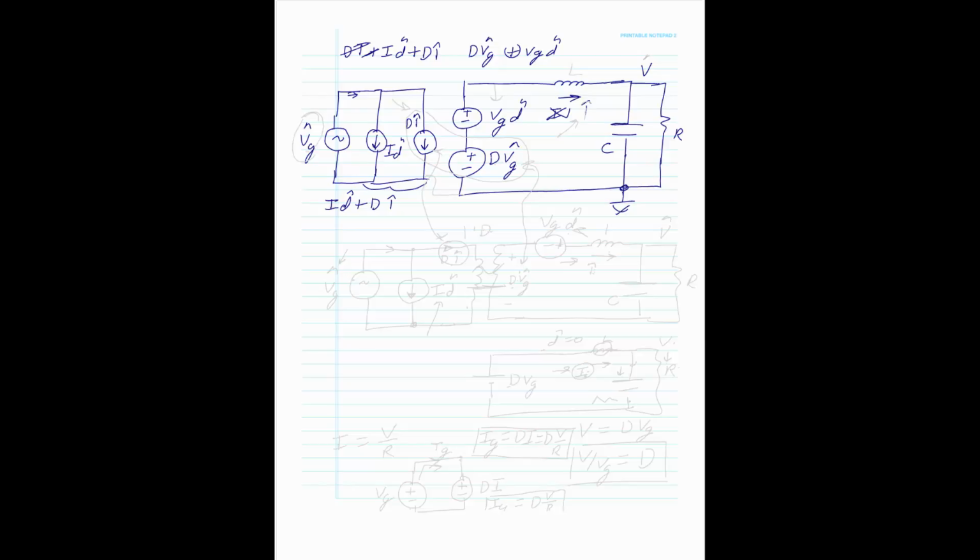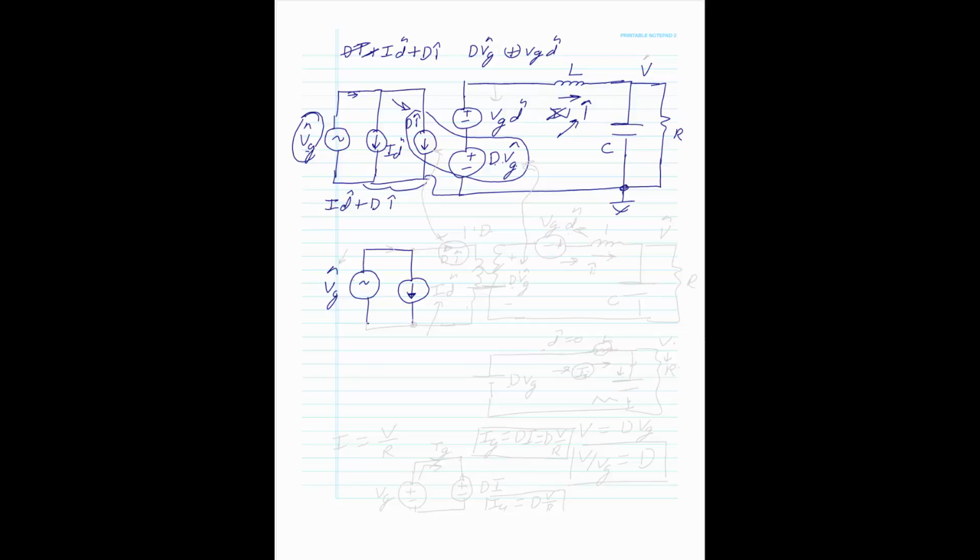So this is our AC model. You could see there's kind of a transformer action that Dr. Middlebrook put together, and he says, look, this is kind of like a transformer action. This means that I have VG hat here, and over this side I have D times VG hat. I have I hat here, and on this side I have D I hat. So you could look at this as saying, it looks to me like I have a little transformer.